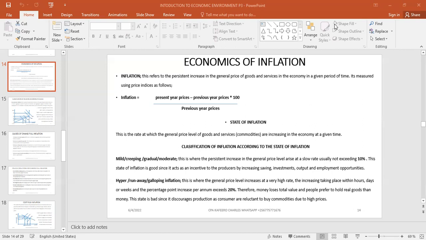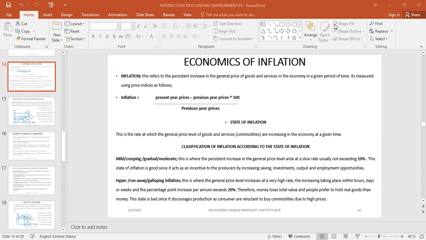At this rate, we expect that money is going to lose its value, and people will prefer to hold goods rather than money, because it doesn't make sense to buy a laptop today at 1 million, and when you go back tomorrow to buy another one, you find it is 1.2.